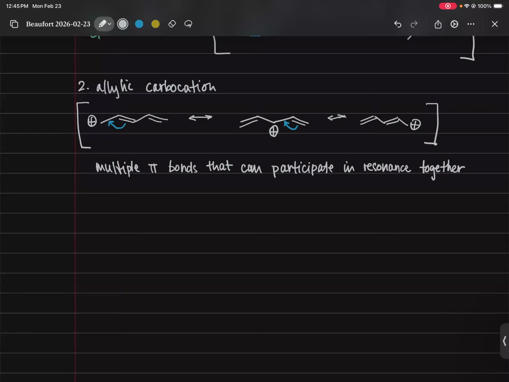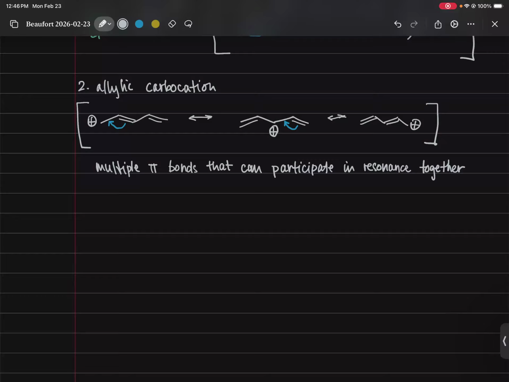But if you have a system like this where the pi bonds are such that these electrons can move up and down all the way across the system, and maybe this is easier to see with that positive charge, which is not a requirement for this particular property, but it's easiest to see here.